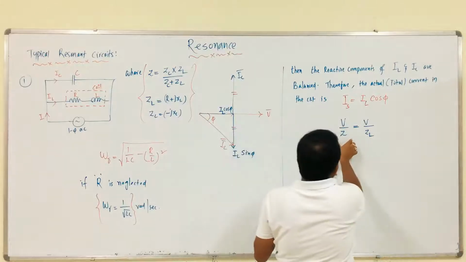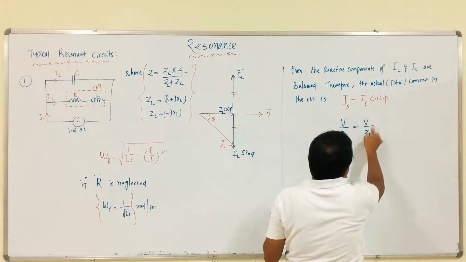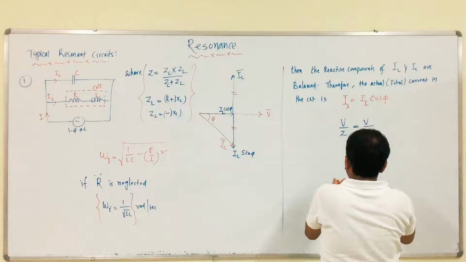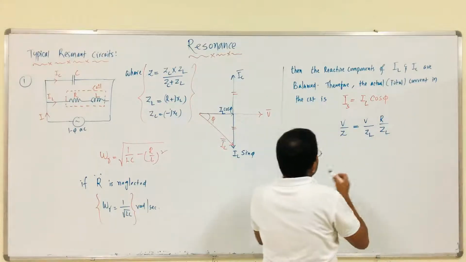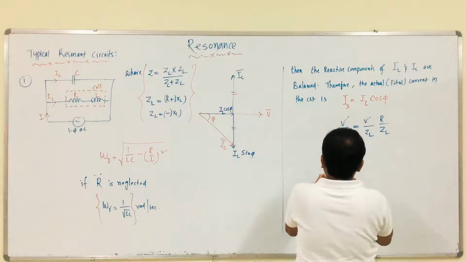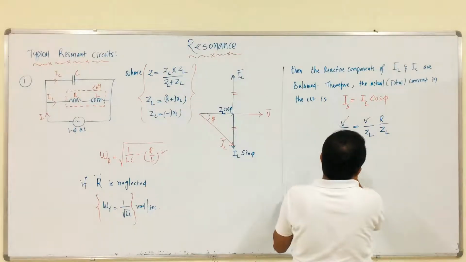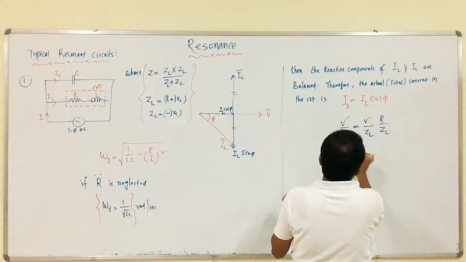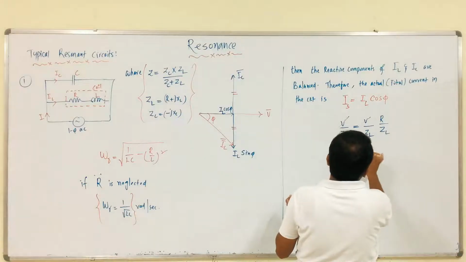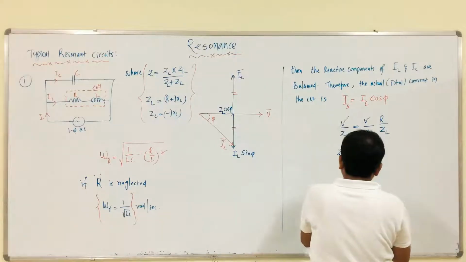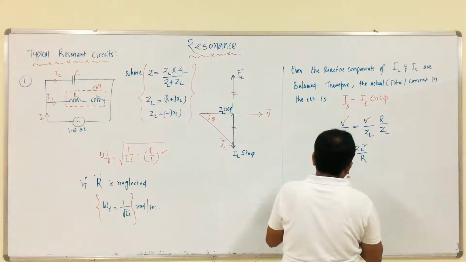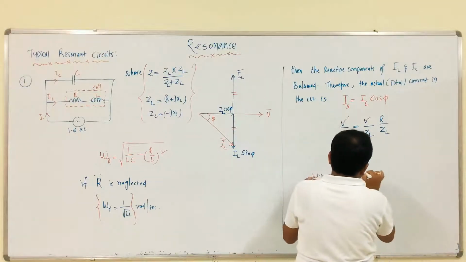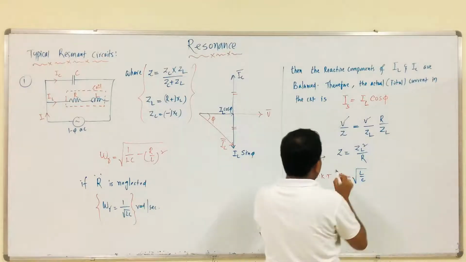So, V by Z is the total part, which is equal to V by Z_L into cos φ. We all know that cos φ is R by Z_L, right? So, V gets cancelled. Therefore, we can write Z = Z_L² / R, but we know that Z_L equals square root of L by C, right?